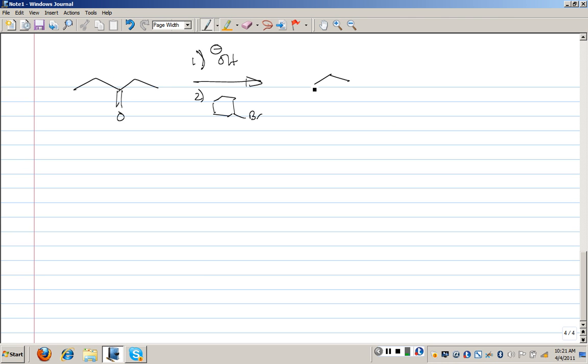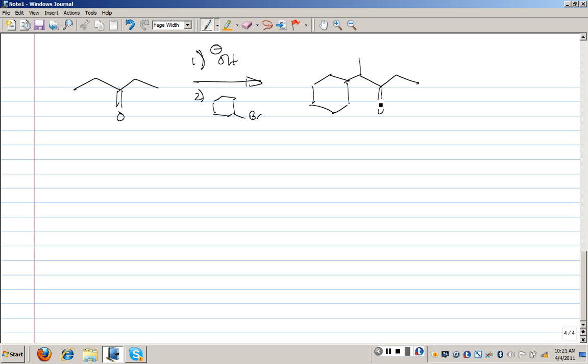And my product is going to be this one. Okay, so we're going to draw a curved arrow mechanism for this reaction.